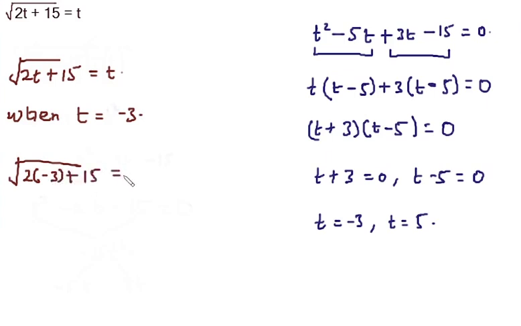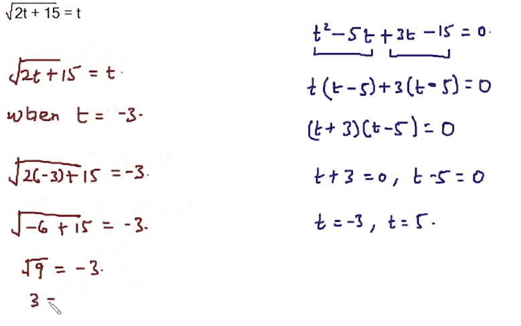Now this is equal to minus 3. So from here I have square root of 2 times minus 3 is minus 6 plus 15. This is equal to minus 3. Minus 6 plus 15 is square root of 9. This is equal to minus 3. So square root of 9 is 3, and then this is equal to minus 3.